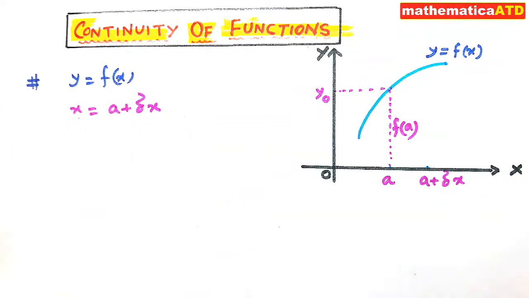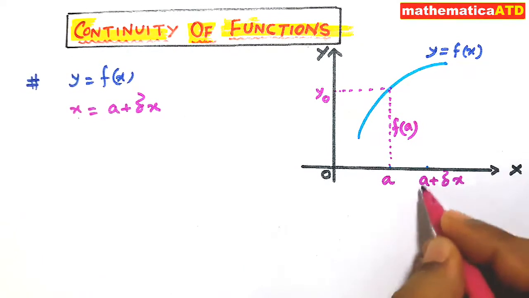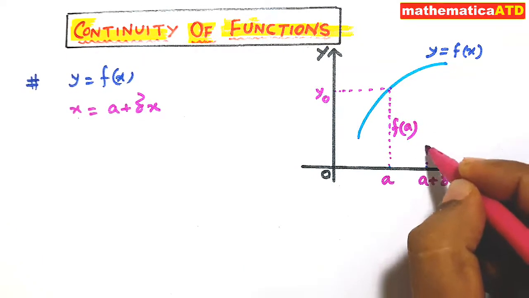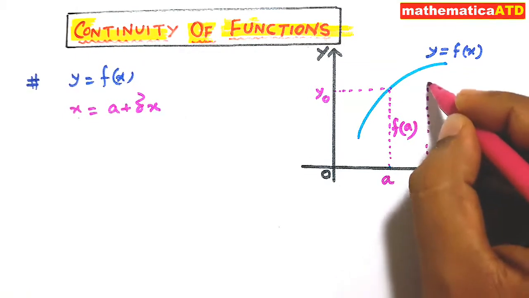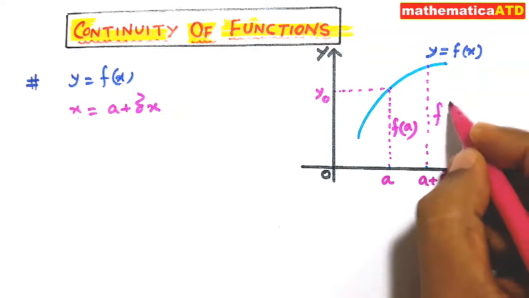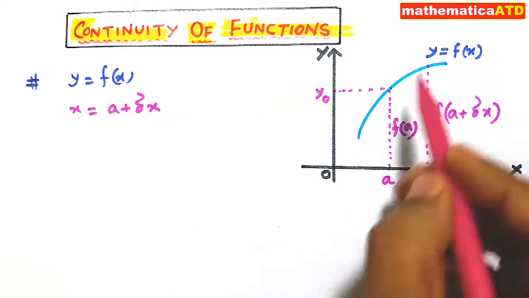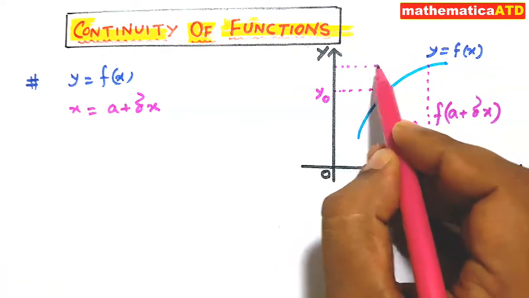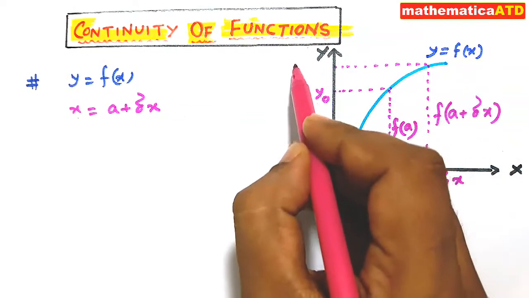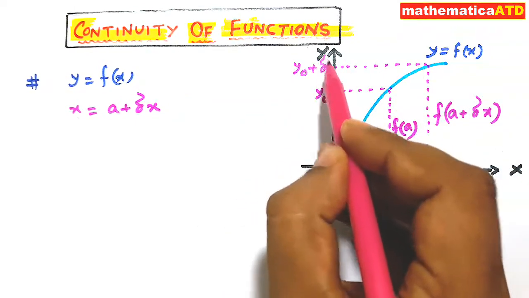Now friends, we again draw another perpendicular at the point x is equal to a plus delta x, and this altitude is f(a plus delta x). Again we consider that this height on the y-axis be y0 plus delta y.